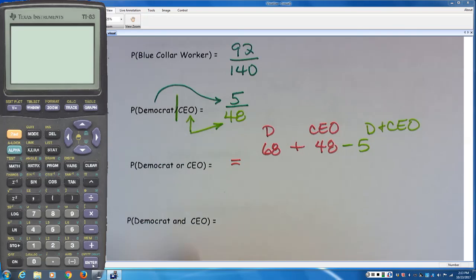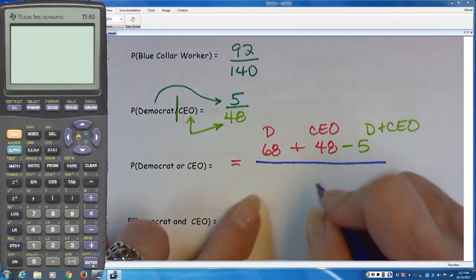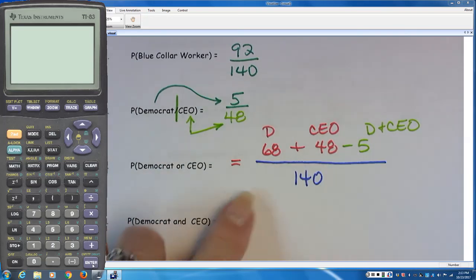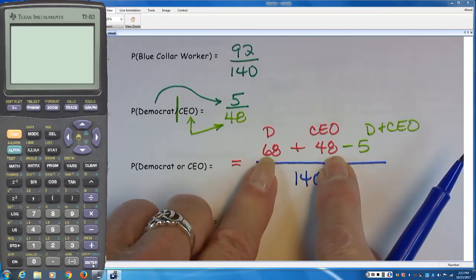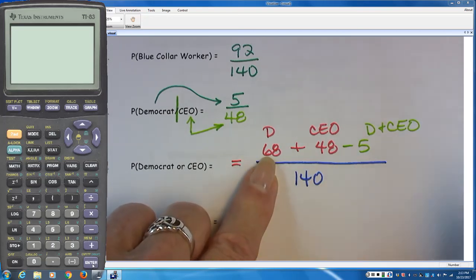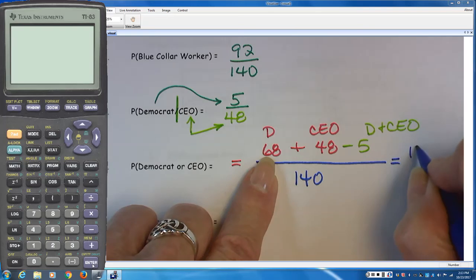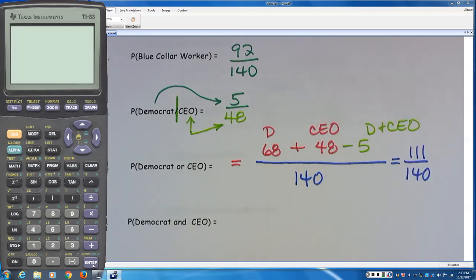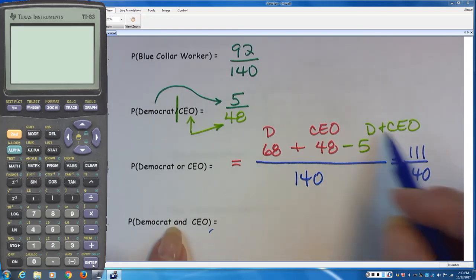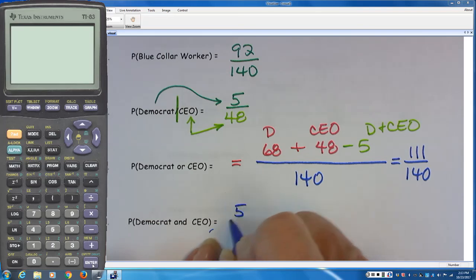And then we're going to divide by the entire total of 140. So this would be 116 minus 5 would be 111 out of 140. And we've already answered this question now because we know the ones that are Democrat and CEO. That's where the overlap is.